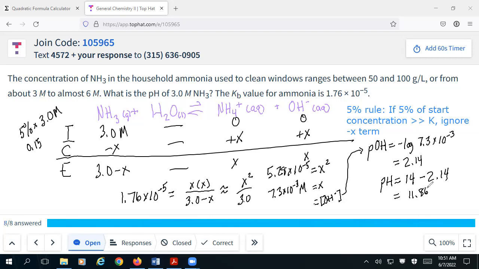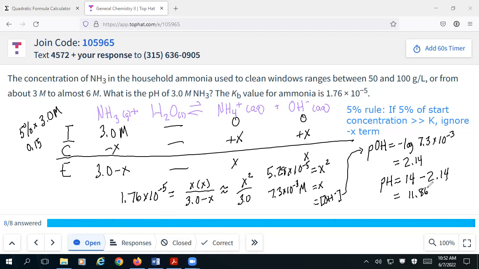So this is what I was getting after in this particular problem on the exam as well. Since we had such a large value of K and large concentrations of our starting products, it's kind of the opposite thing.